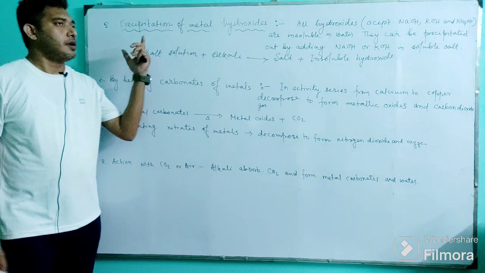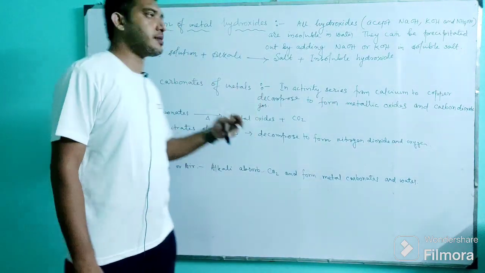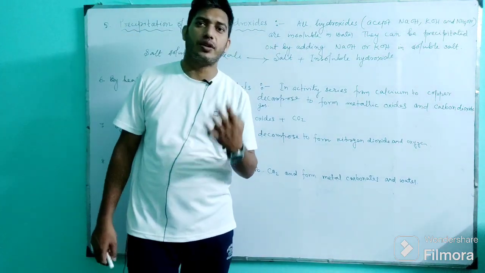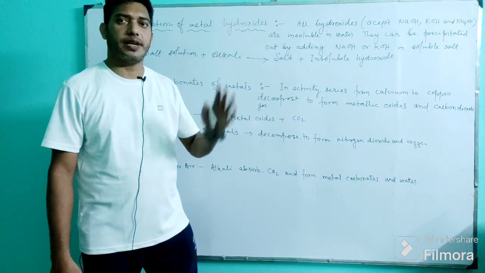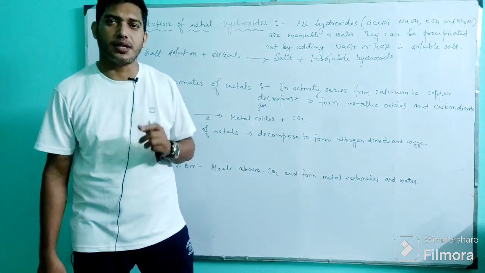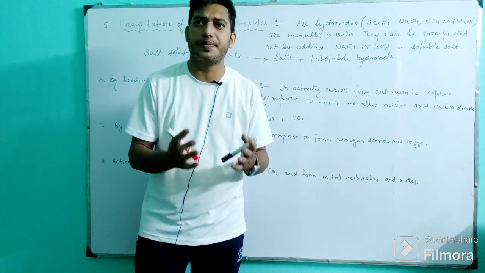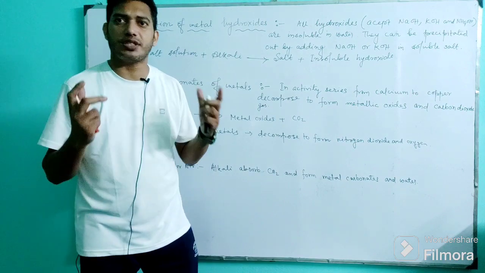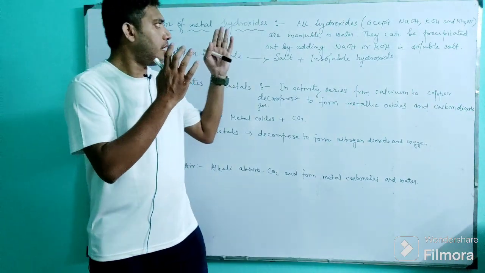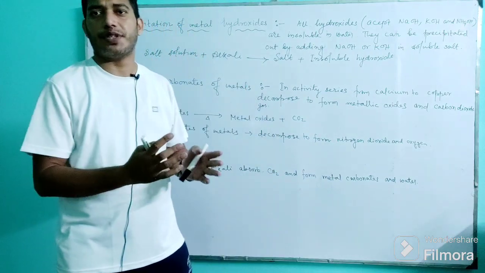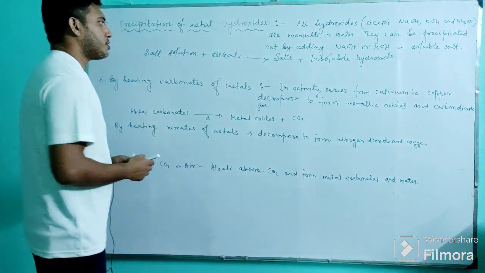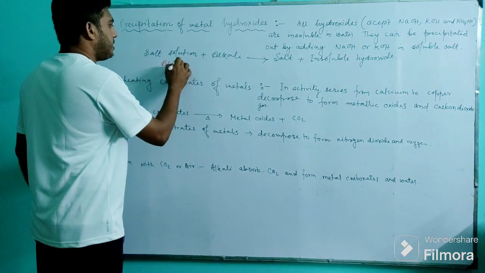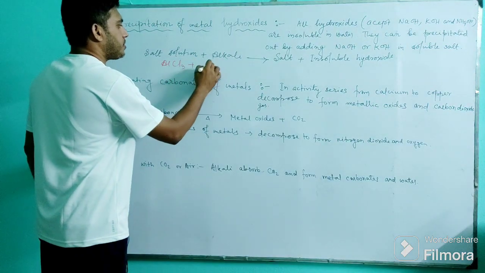Okay, the next method of preparation of bases is precipitation of metal hydroxides. All hydroxides are insoluble in water except sodium hydroxide, potassium hydroxide, and ammonium hydroxide. So these hydroxides can be precipitated out when a soluble salt reacts with sodium hydroxide or potassium hydroxide. For example, a salt solution like aluminum chloride, AlCl3, plus alkali, sodium hydroxide.